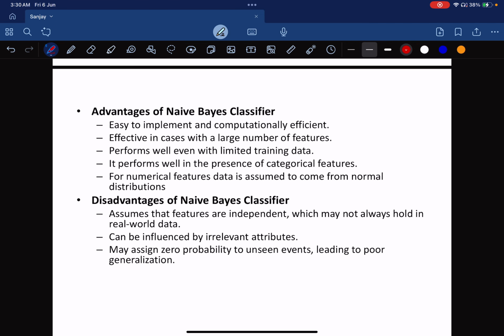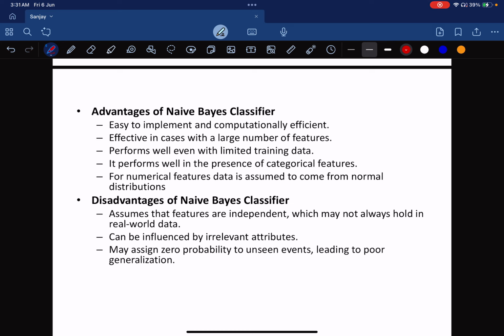Advantages and disadvantages. It is easy to implement and computationally efficient, and effective when there is a large number of features, because it assumes that each feature is independent of the others. So the probability of one feature doesn't affect another feature.